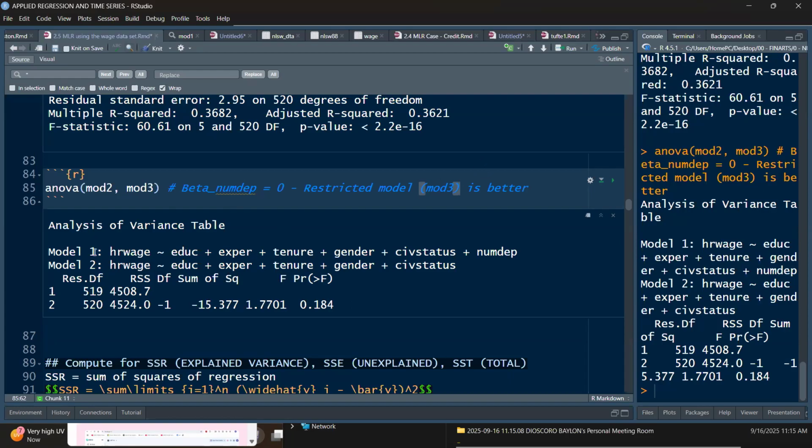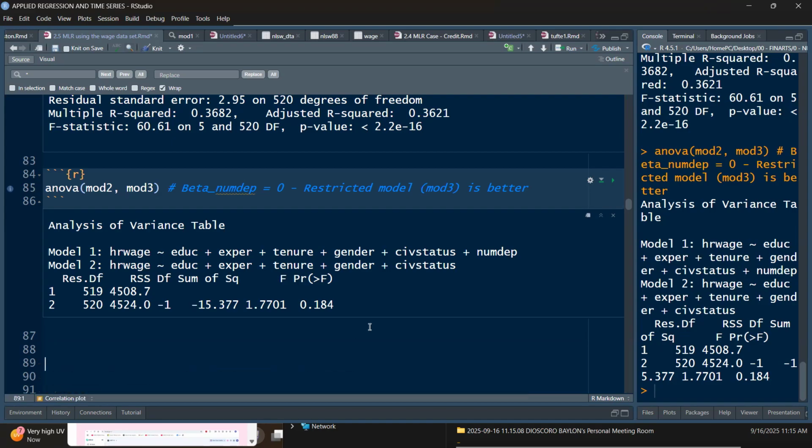Here, model number 1 has number of dependents. And model number 2 does not have number of dependents. And the p-value, as I mentioned a while ago, is 0.184, greater than 0.05. Therefore, we fail to reject the null hypothesis that model number 3 is better.